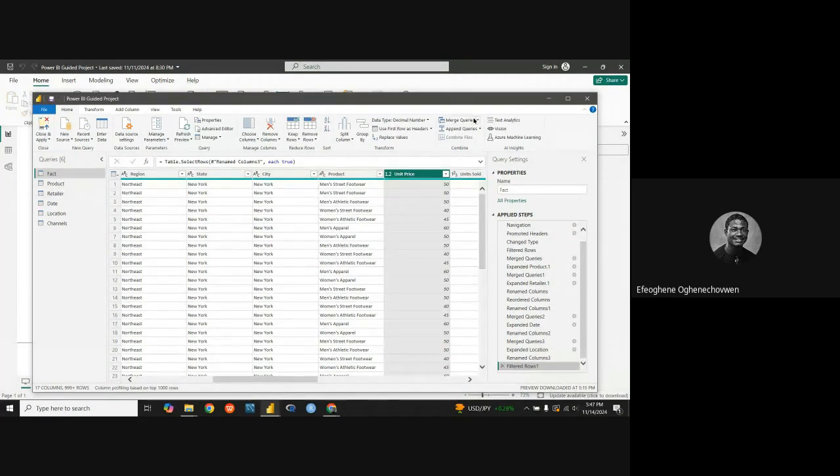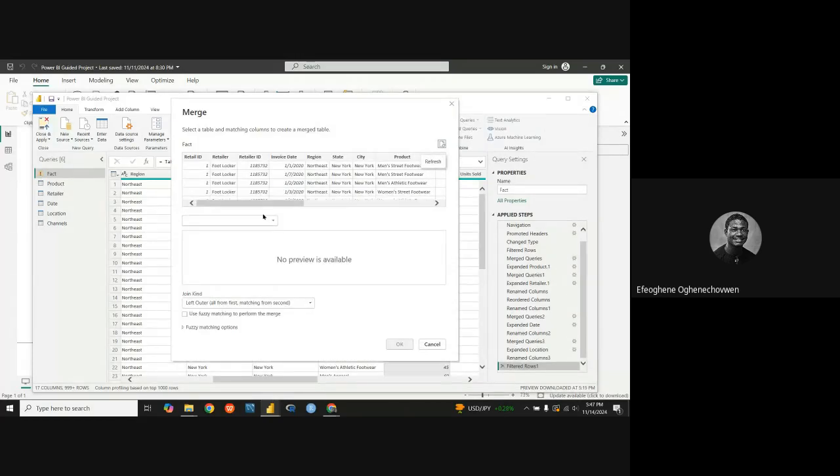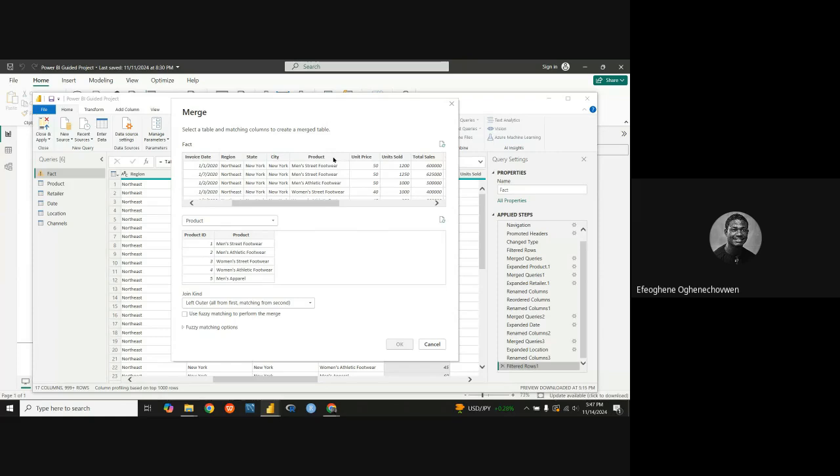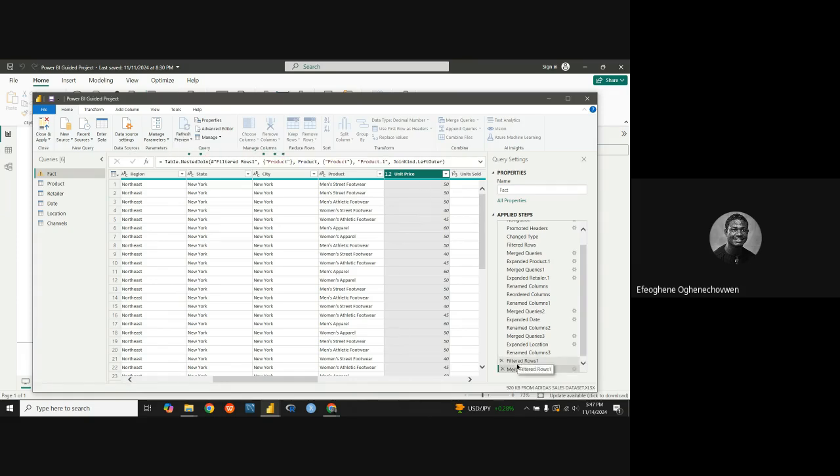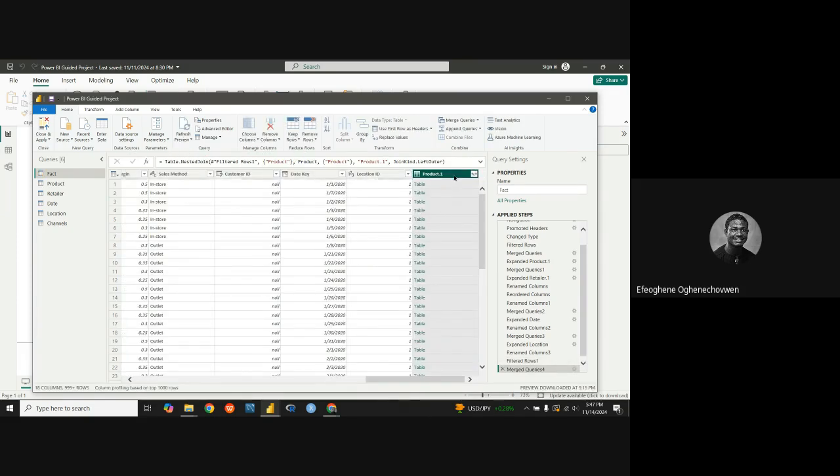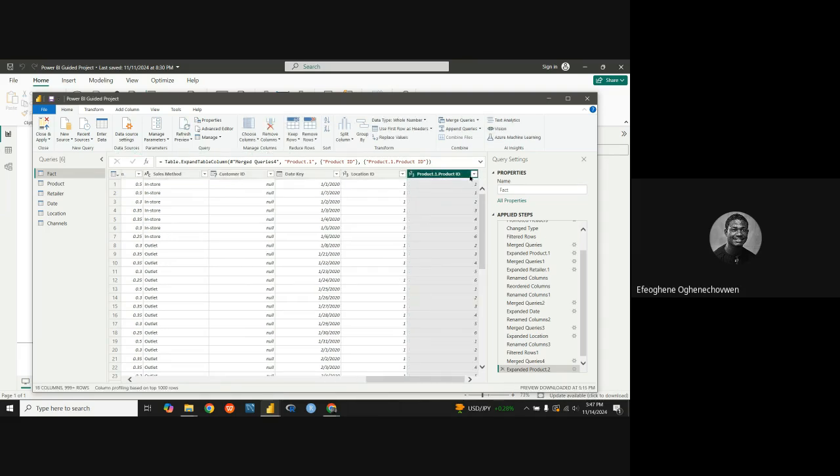So I go over to merge queries. All right, so product, and yeah, we're good to go. Beautiful. So we can come here and call this. I want to link them with the product ID. I click on OK. Oh, I have to rename this again. Okay.